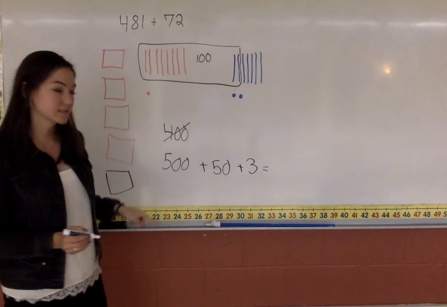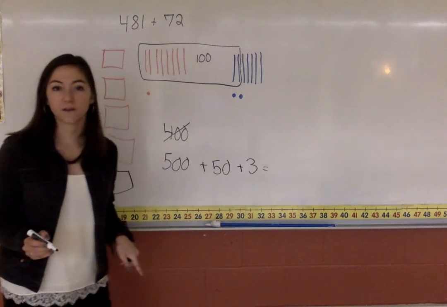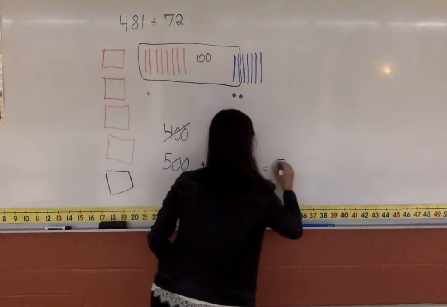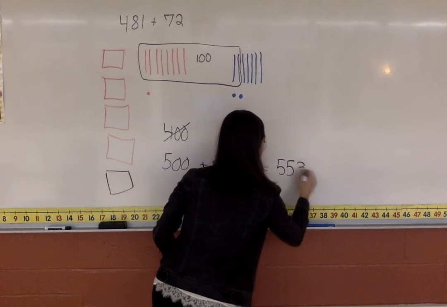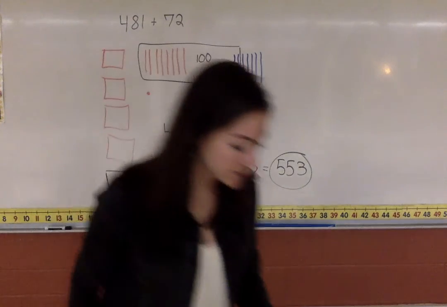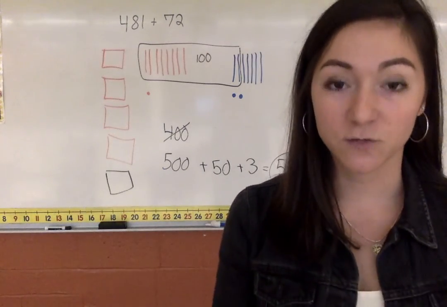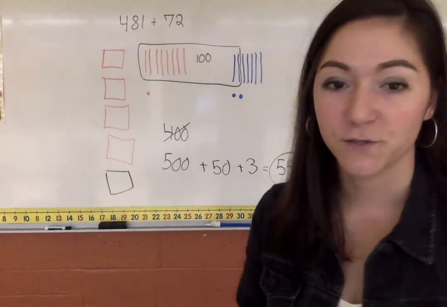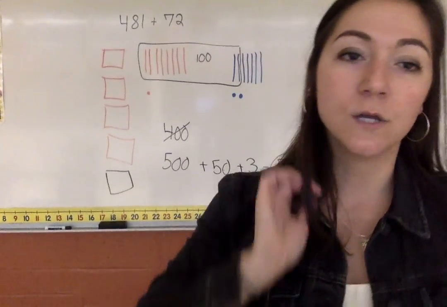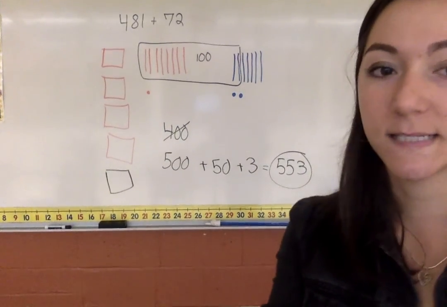And then as a final answer, I'm going to get 500 plus 50 plus 3, or 553. Okay, and that is the same answer that I got when adding by place value, so that's great, and that's a fantastic way to check your work. So go ahead and solve the problems on the next side by drawing and adding the base 10 blocks.